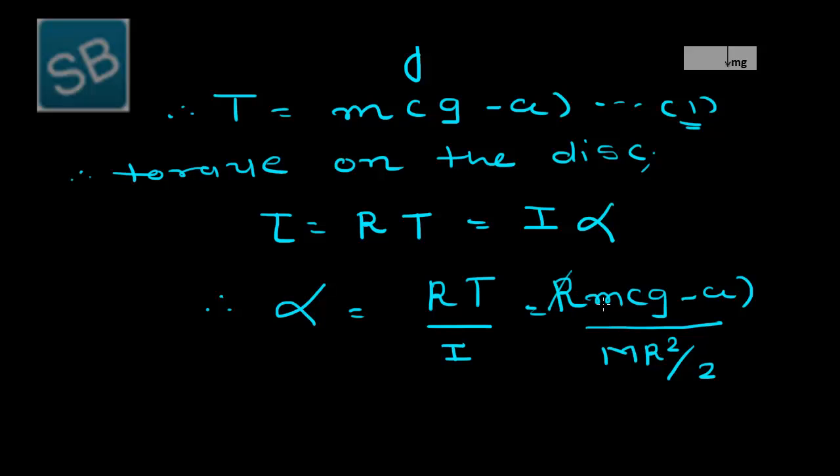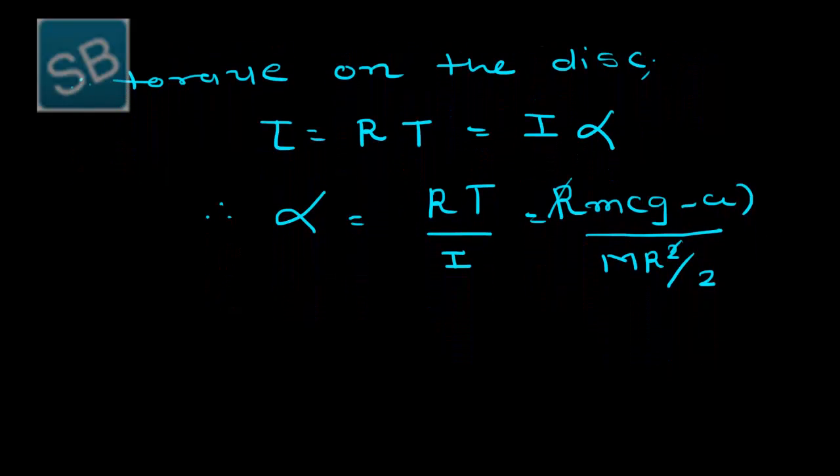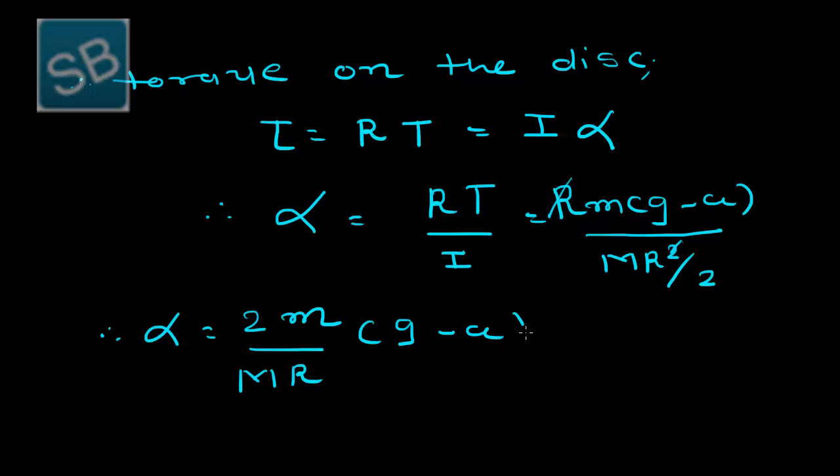So here one R will be cancelled out, and so the value of alpha will be twice m over capital M into R into g minus a.